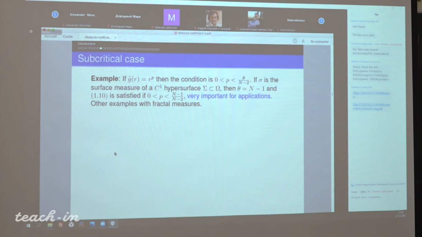A very important case is where sigma is a surface measure of a C1 hypersurface in omega. In that case, theta is equal to n minus 1. And now the condition is that p is less than n minus 1 over n minus 2. And this is very important for applications. It's like the case where the measure is just the surface measure. We have also examples with fractal measures.